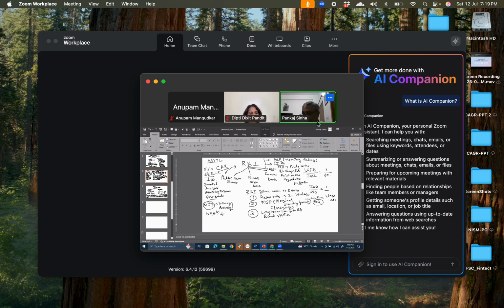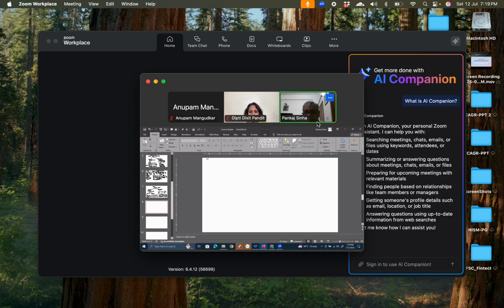So CRR and SLR are decided on the net deposit, or the net demand and time liability. So CRR is decided as a percentage.